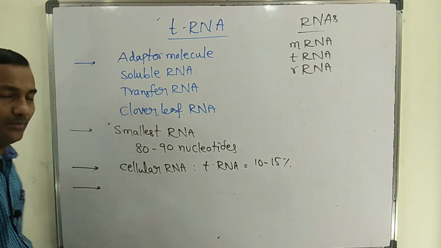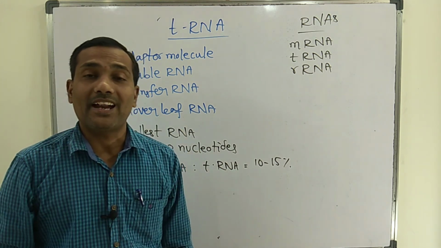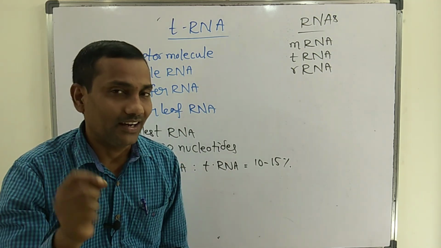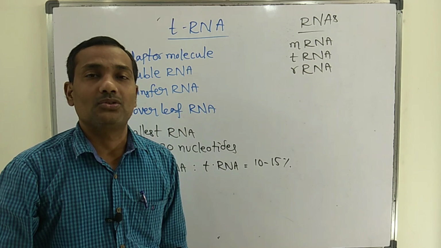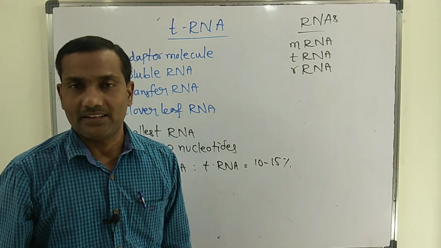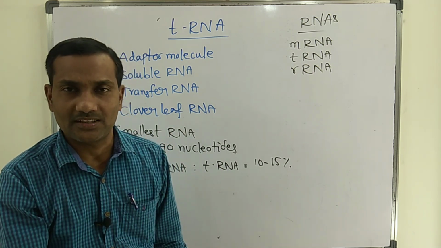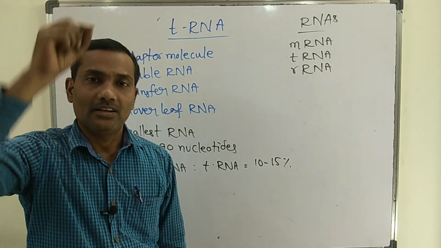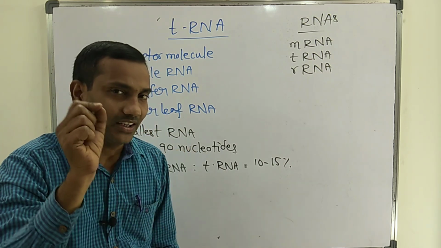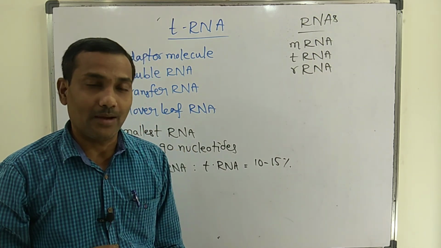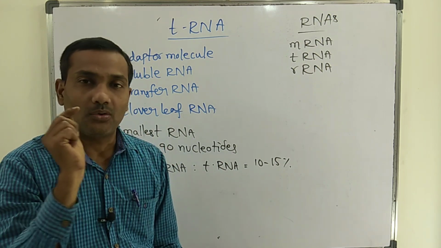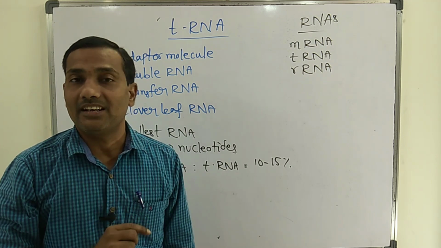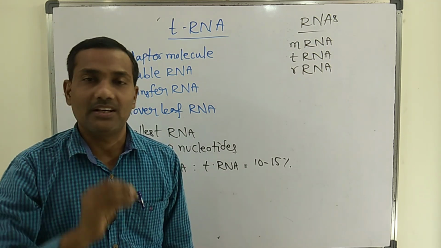The main role of tRNA during translation is to carry the relevant amino acid to the protein synthesizing site. It reads the codon present on the mRNA, then brings the relevant amino acid from different places.